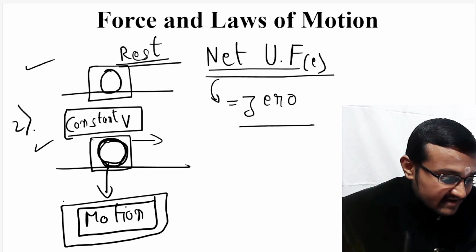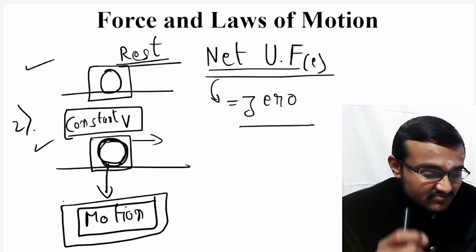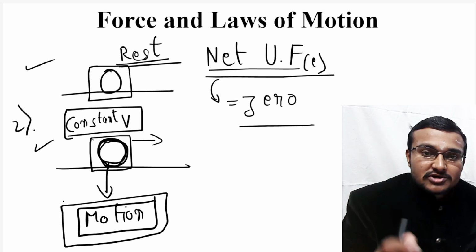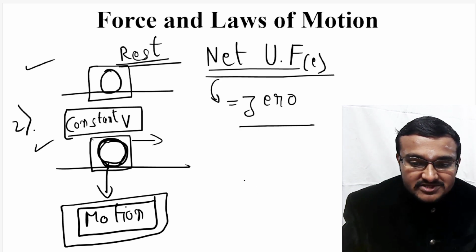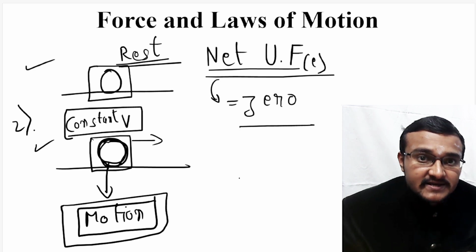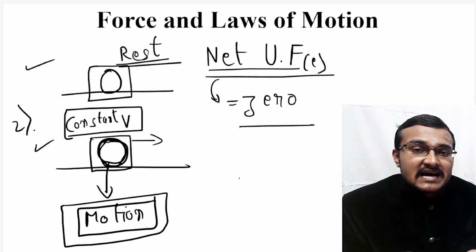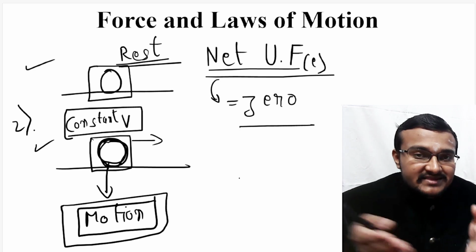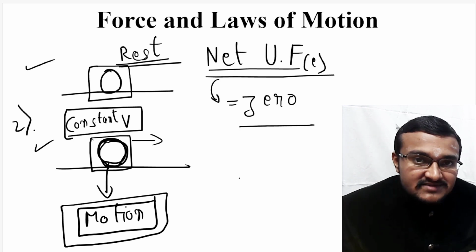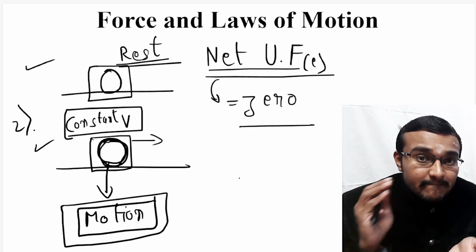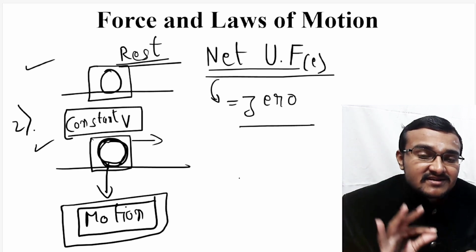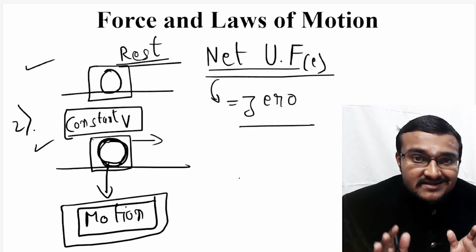So here they have asked, is it possible for the object to travel with a non-zero velocity? What do you mean by non-zero velocity? That means this object will be having a certain amount of velocity. When an object is having constant velocity, it will not change its velocity and it keeps on moving with that constant velocity, because the net external unbalanced force on this object is zero.